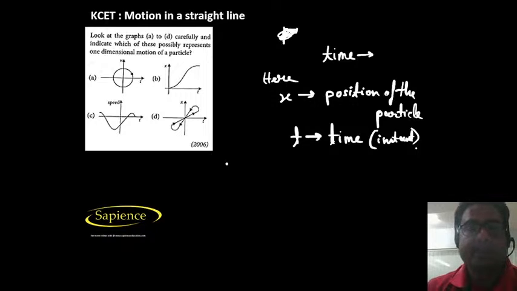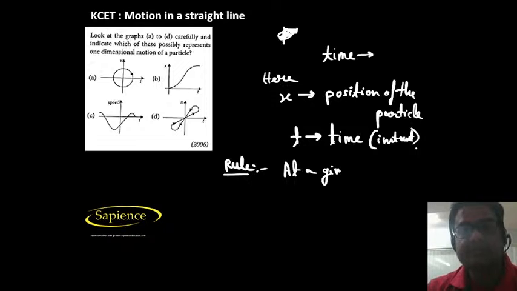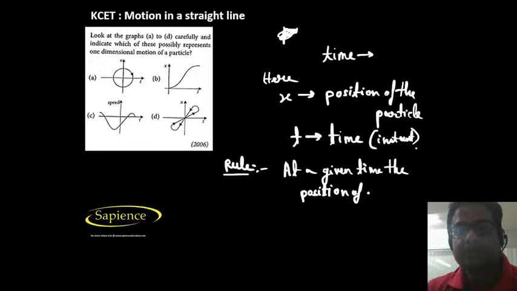So here the rule which we have to use to decide which graph is possible or not is that at a given time, the position of a particle should be unique.